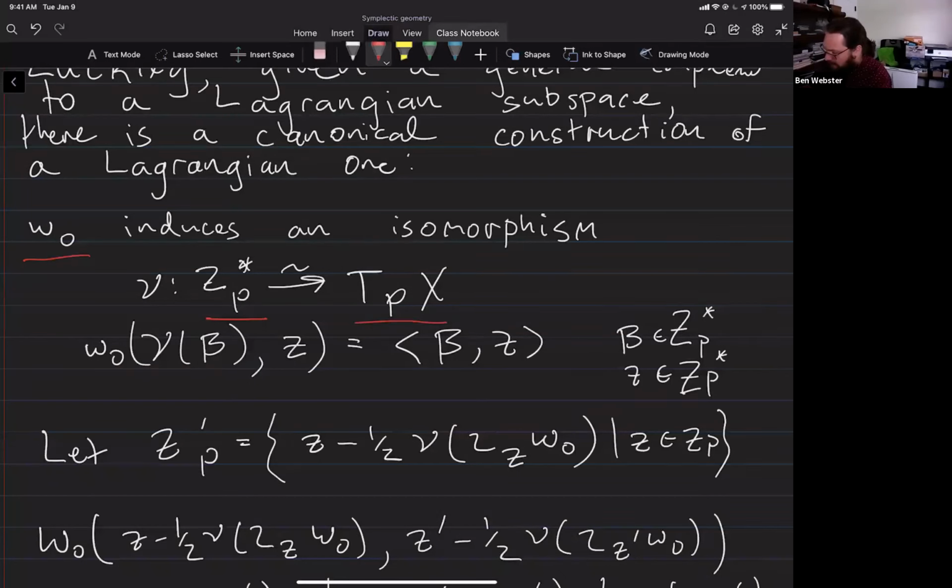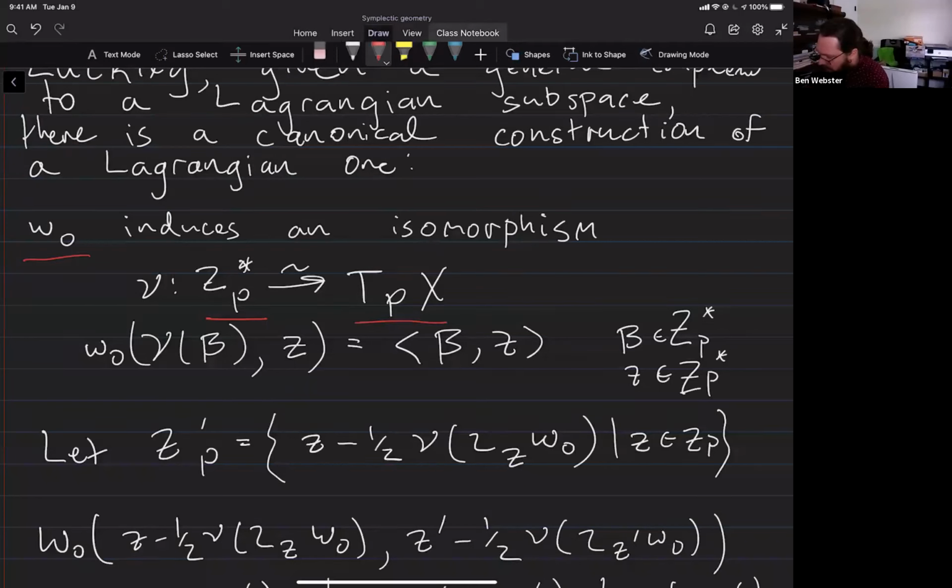And the reason for this is that the tangent space of my submanifold is Lagrangian. And if I have any complementary subspace to a Lagrangian, I get a non-degenerate pairing between them.